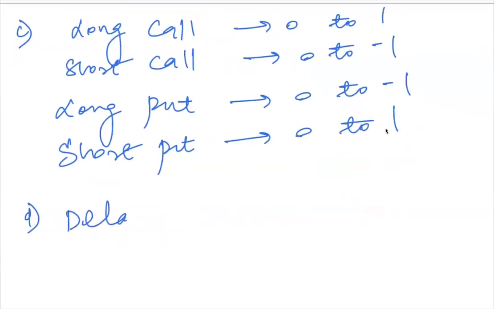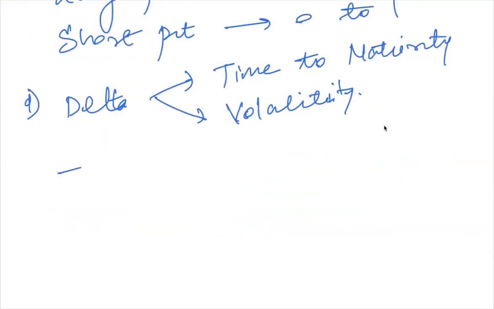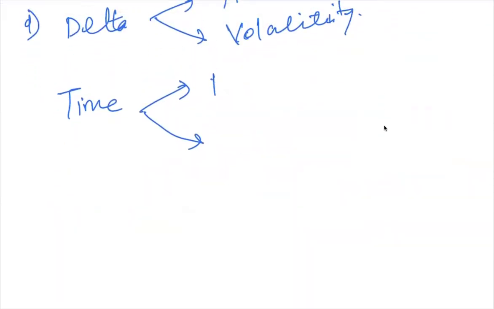Then delta is also affected by time to maturity and volatility. How is it affected by time to maturity? If you have more time, there are more chances of expiring in the money.